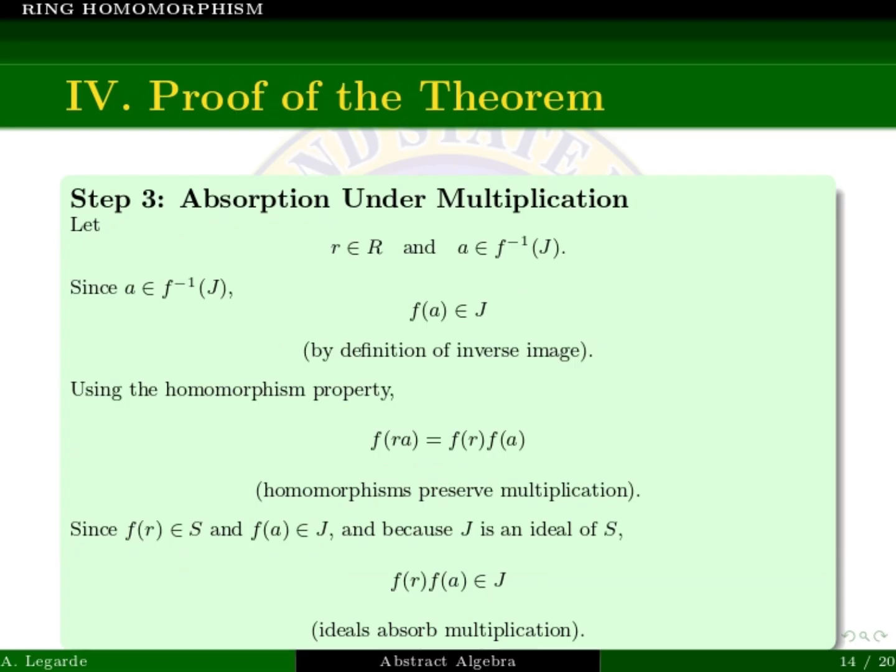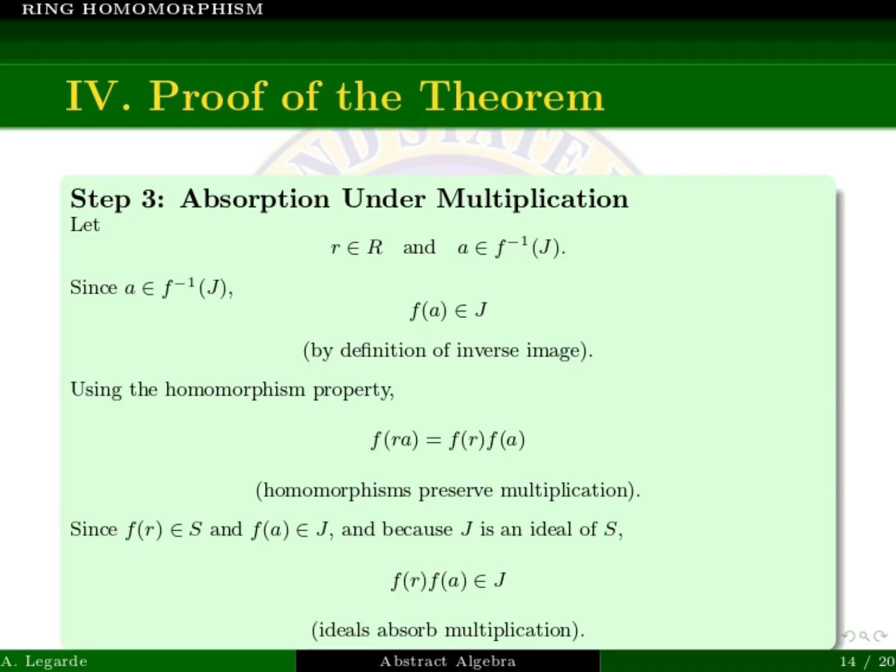We now prove absorption under multiplication. Let r belong to R and A belong to F inverse of J. Since A belongs to the inverse image, we know that F(A) belongs to J. Using the homomorphism property, F of (rA) equals F(r) times F(A).